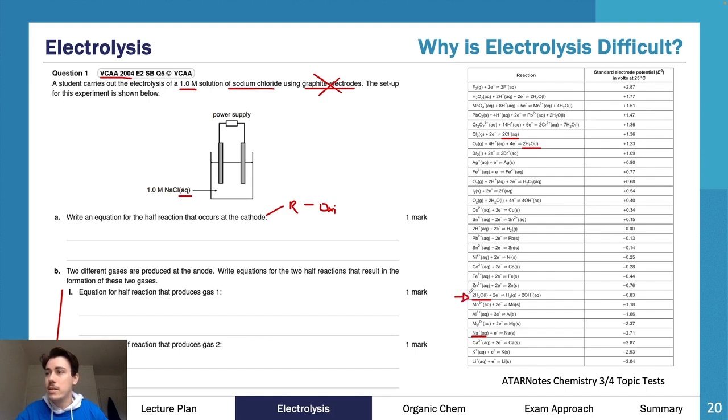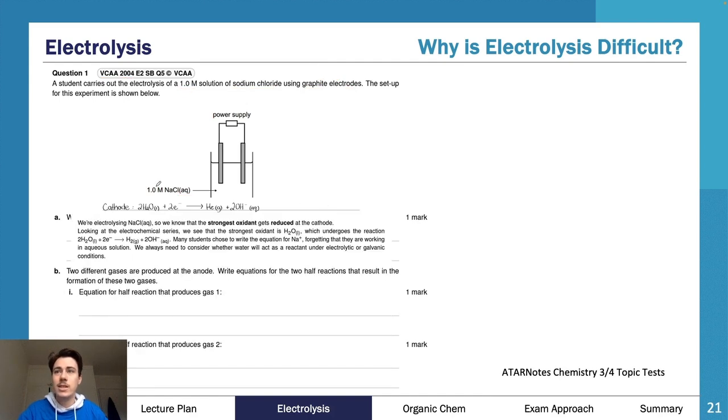So I would be literally grabbing this and writing this here. I wouldn't be writing anything else, I'd just be writing this equation as it is. And as you can see, that's literally what I have done. I have literally grabbed this, that's a 2 by the way, and written this down here.